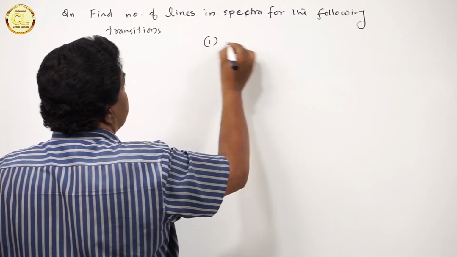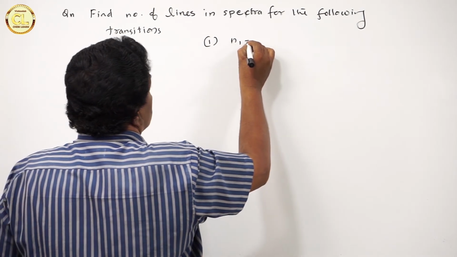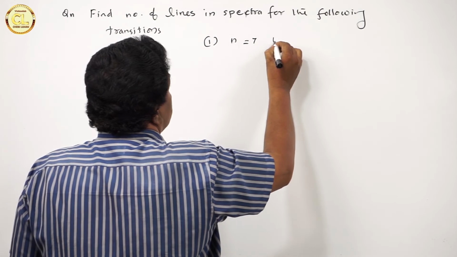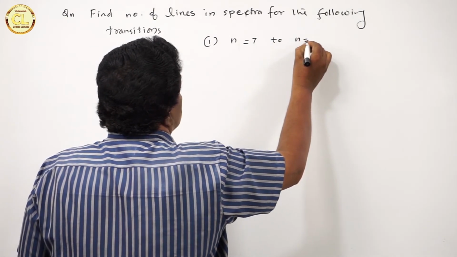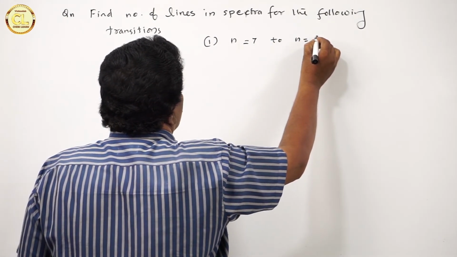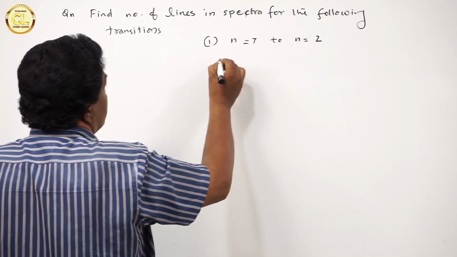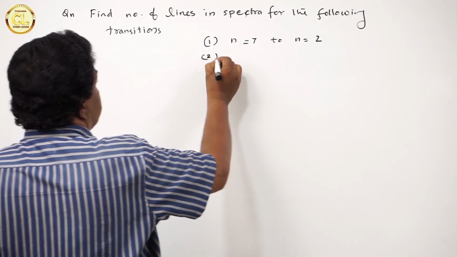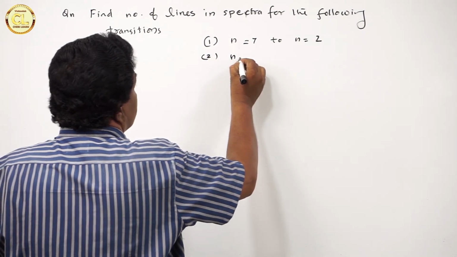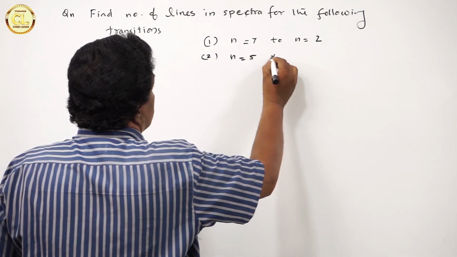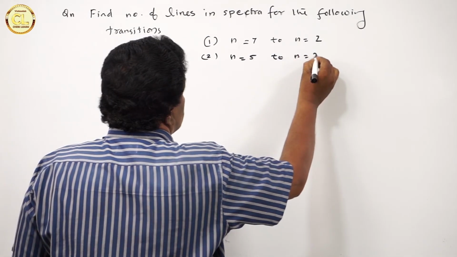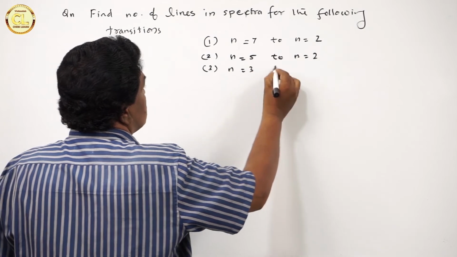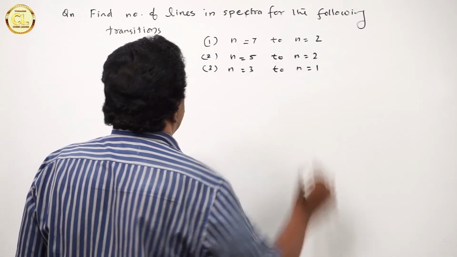First, n is equal to 7 to n is equal to 2. Second, n is equal to 5 to n is equal to 2. Third, n is equal to 3 to n is equal to 1.